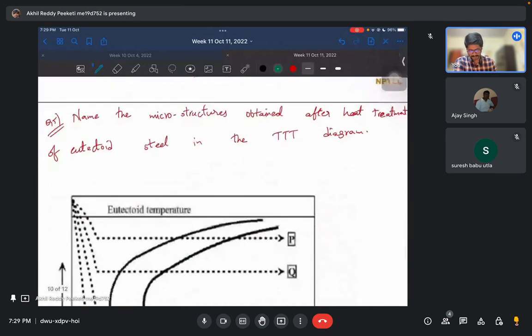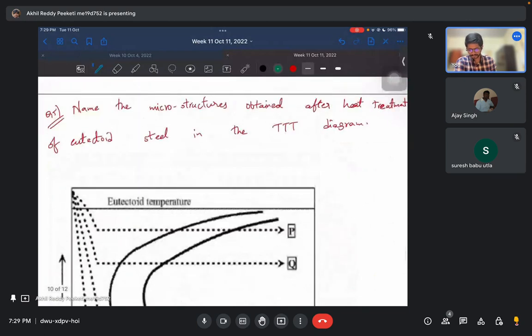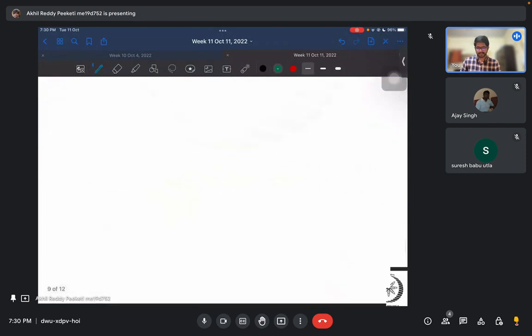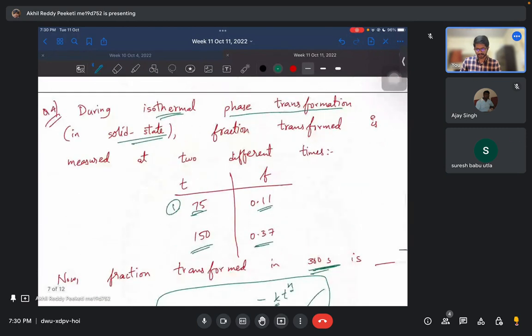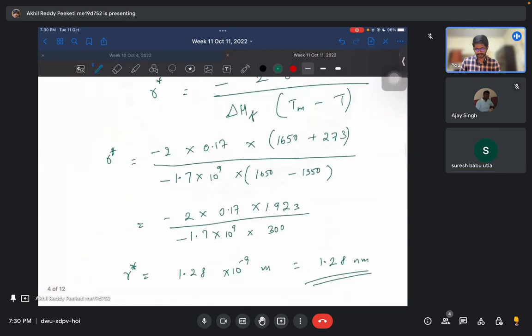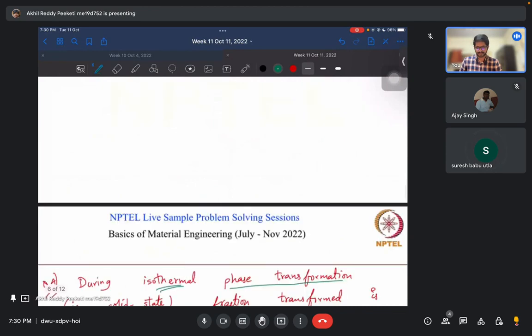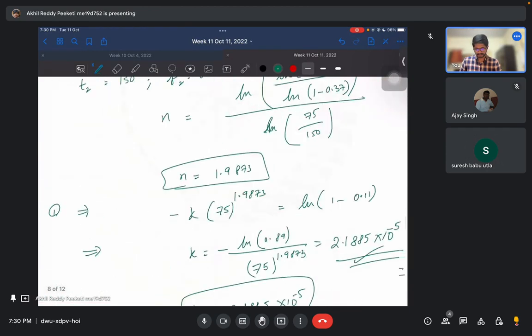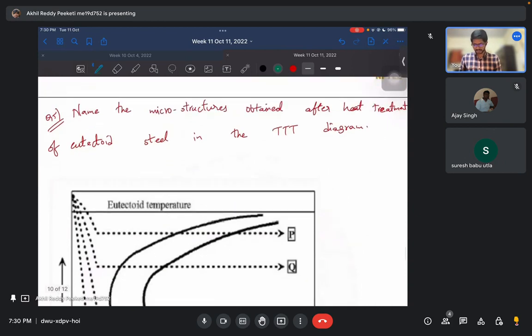So next we have TTT diagrams. Okay, is this clear till now, how to estimate this fraction, and the latent heat of fusion and critical radius? If time is there, I will cover the critical radius again, because today we don't have that many questions anyway.